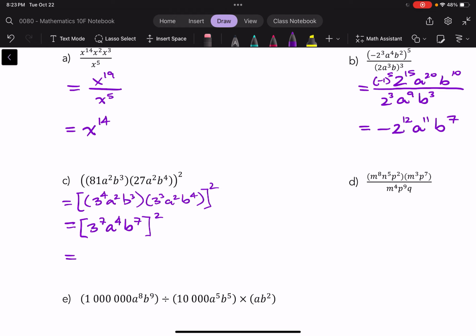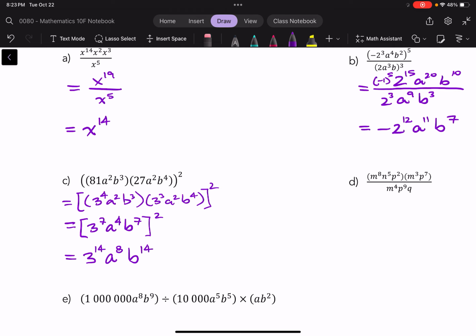So the power of a power rule comes into play. 3 to the power of 7 to the power of 2 is 3 to the power of 7 times 2, which is 14. A to the power of 4 to the power of 2 is a to the power of 4 times 2, which is 8. And then b to the power of 7 to the power of 2 is b to the power of 7 times 2. So that's 14.